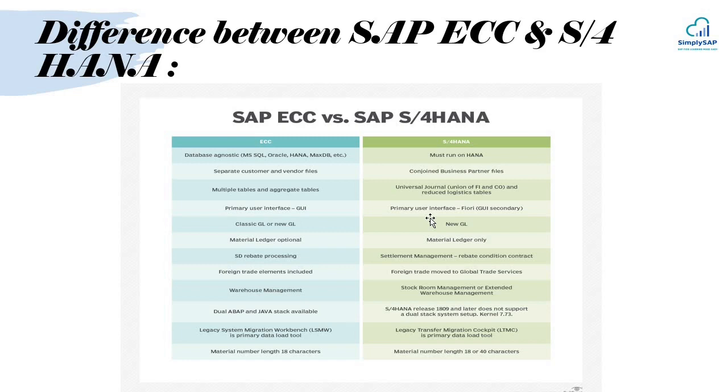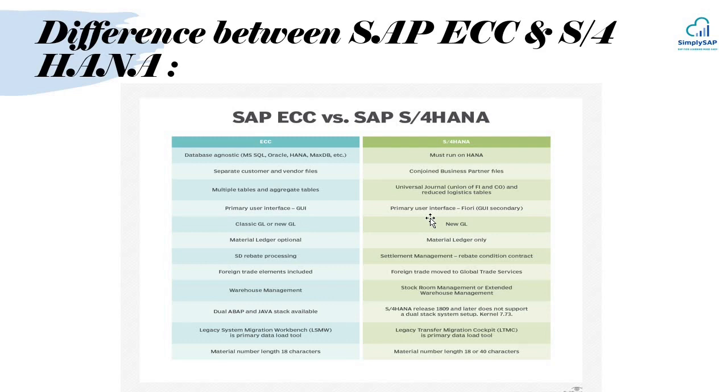First is the database. SAP ECC can run on third-party databases like Oracle, MaxDB and IBM. SAP S4HANA can only run on SAP HANA, an in-memory modern technology. In simple words, ECC runs on Oracle, HANA, MaxDB, MS SQL, etc., and S4HANA runs on its own database, that is HANA.